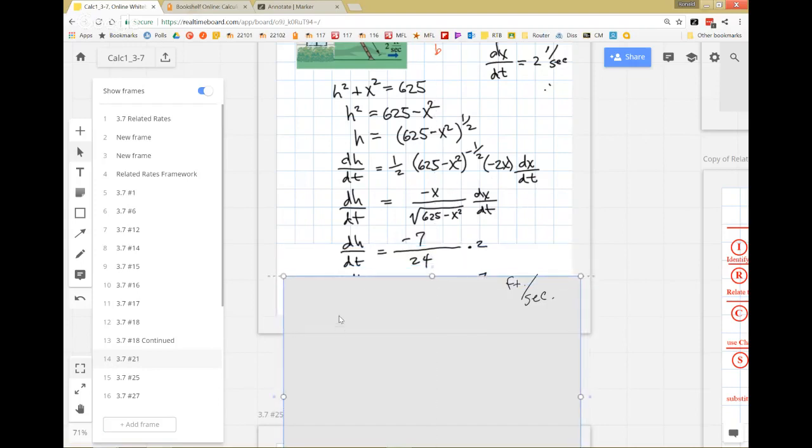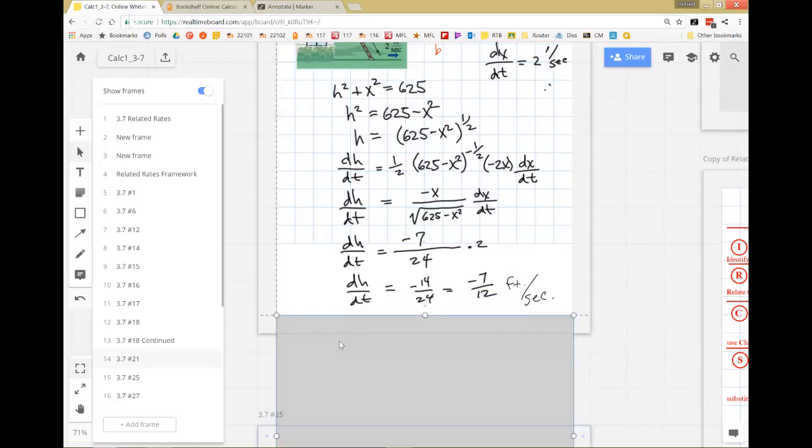Okay, let's substitute. So the one thing we don't know is dH/dt. Just plug them in. And final result down here on the bottom, negative 7/12 feet per second. So in other words, the bottom of the ladder was moving at 2 feet per second.